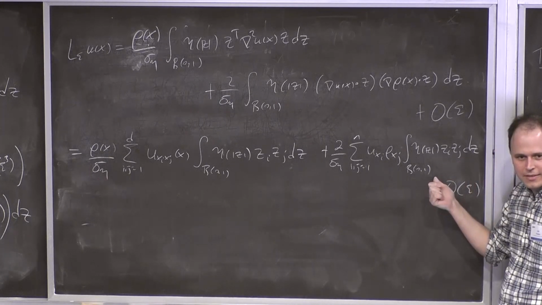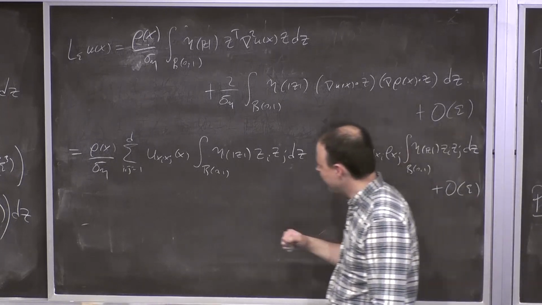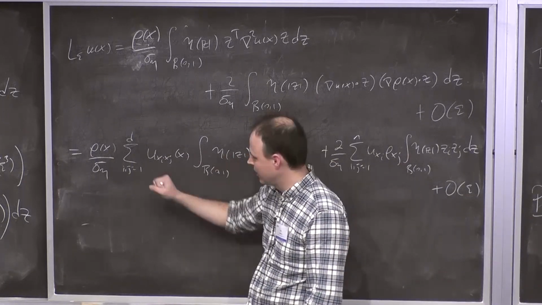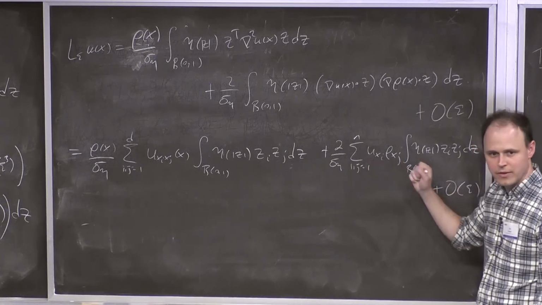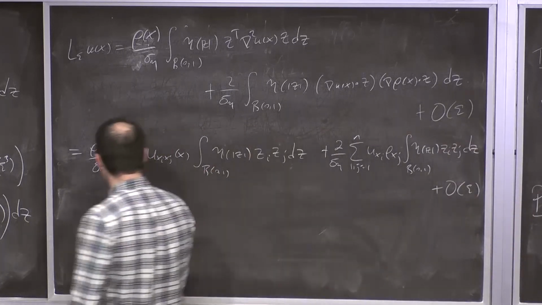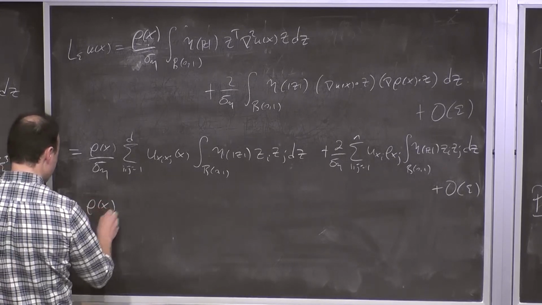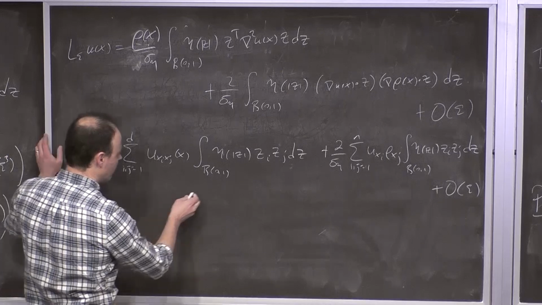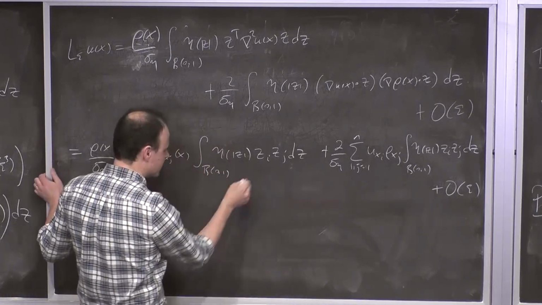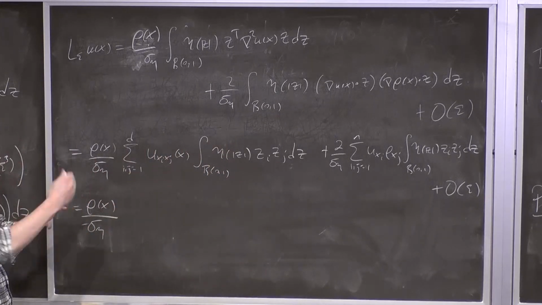function again, and these things drop out. Okay? So you get just the diagonal terms in the sum. So you get Laplacian here, and the diagonal terms here give you the dot product of grad u with grad rho. You get rho of x over sigma eta, and the diagonal terms have a zi squared, and it's the same constant for all the i's.